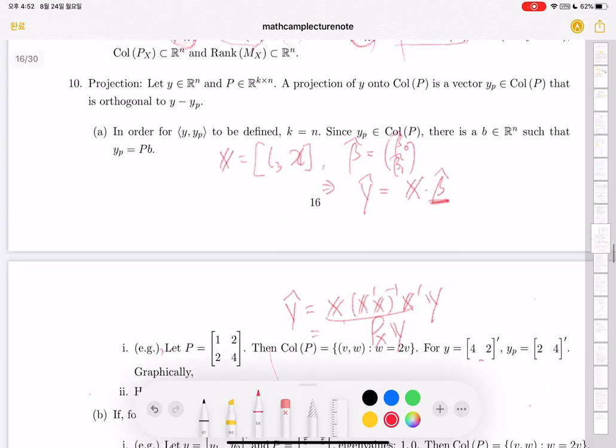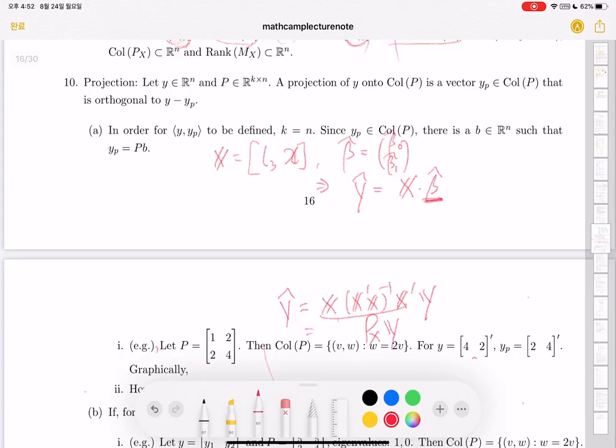So here the thing that we have in mind is this P matrix, this P of x matrix. So the projection vector yp, actually in our notation y hat.